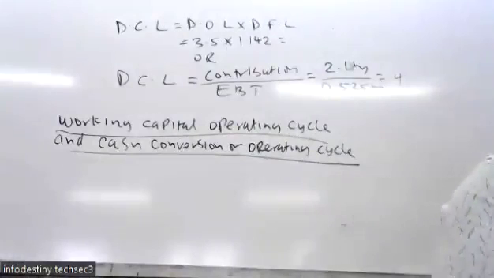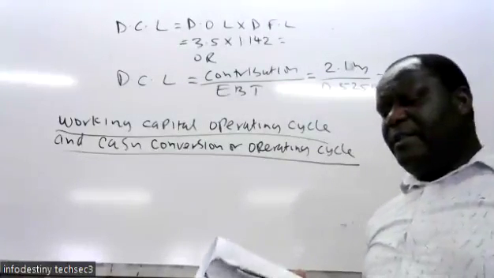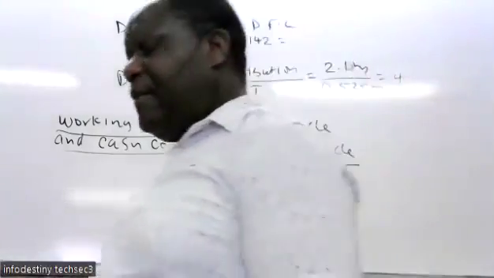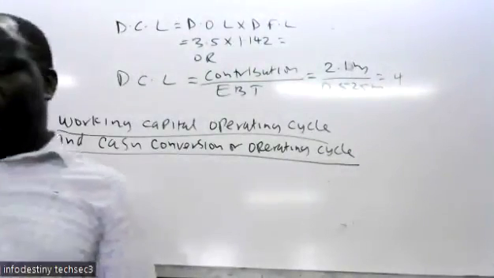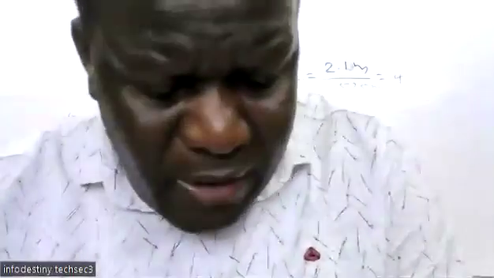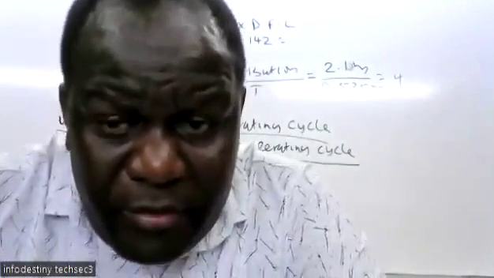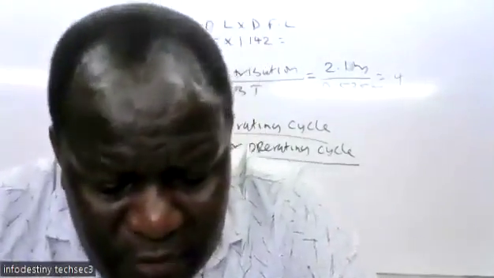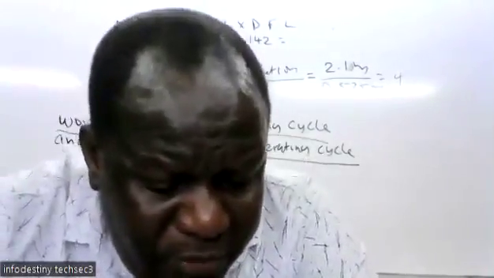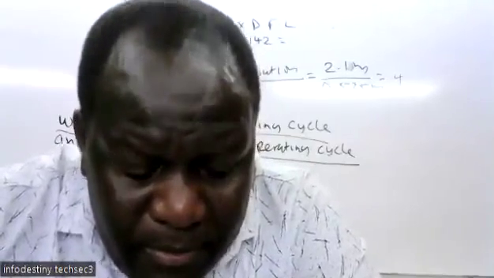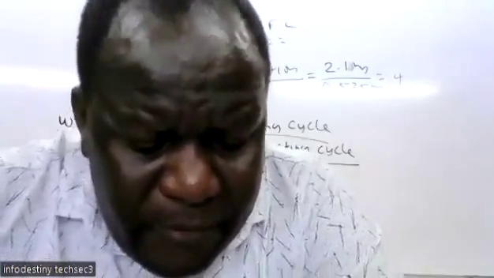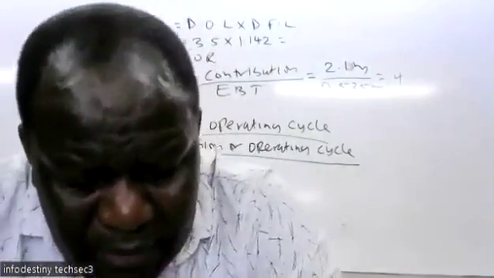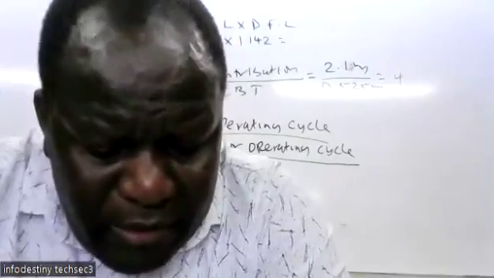The cash conversion or operating cycle is the length of time it takes from the time cash is converted into stock of the raw materials or finished goods up to the time it is recovered back as cash.